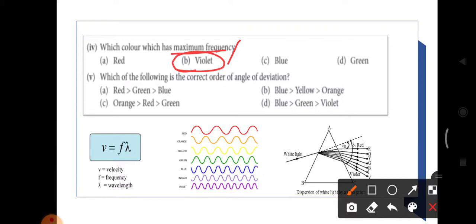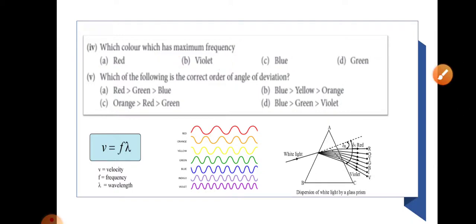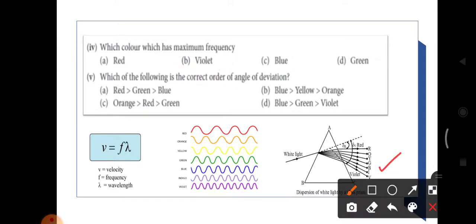Which of the following is the correct order of angle of deviation? The angle of deviation is more for violet light, less for red light. They gave the first one, the red has the maximum. So this is wrong.